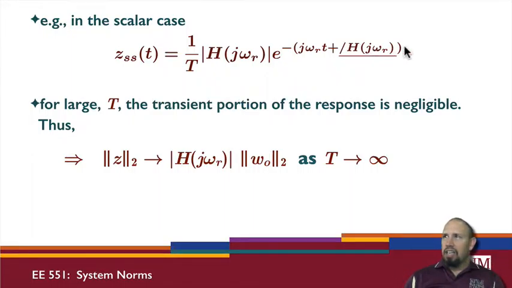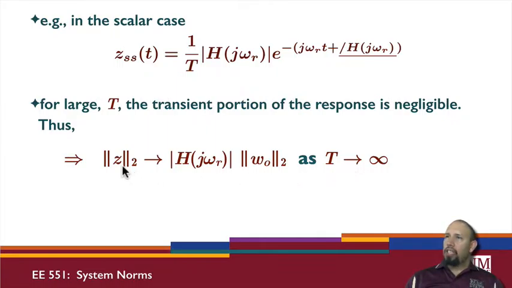So for large T, the transient portion is negligible, and we have basically that the magnitude of Z is equal to the magnitude of the transfer function evaluated at the resonant frequency times the norm, and this is what we get as T goes to infinity.